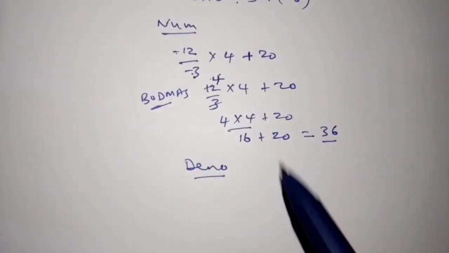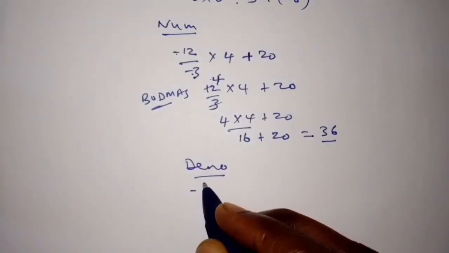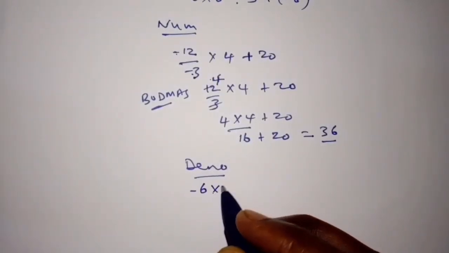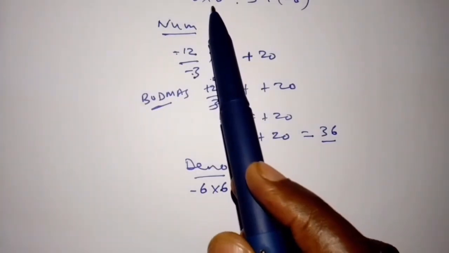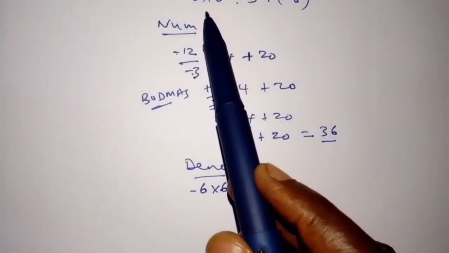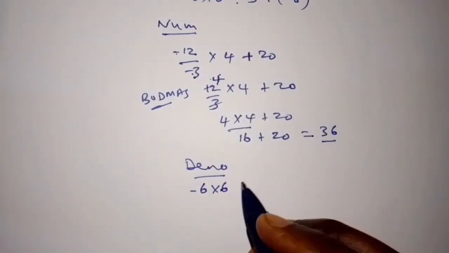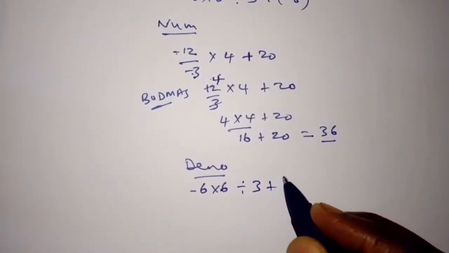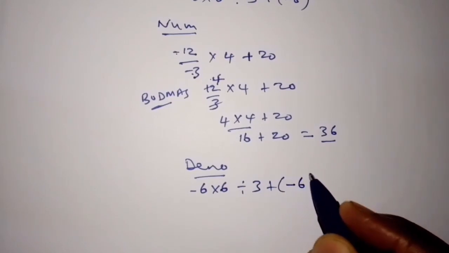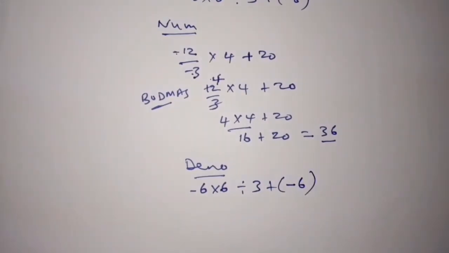So here is negative 6 times 6 divided by 3 plus, in bracket, negative 6. That is the denominator.